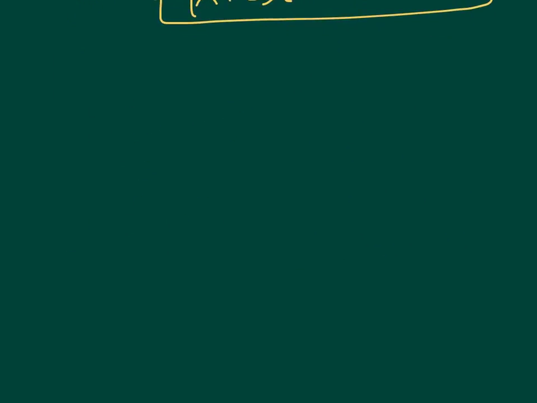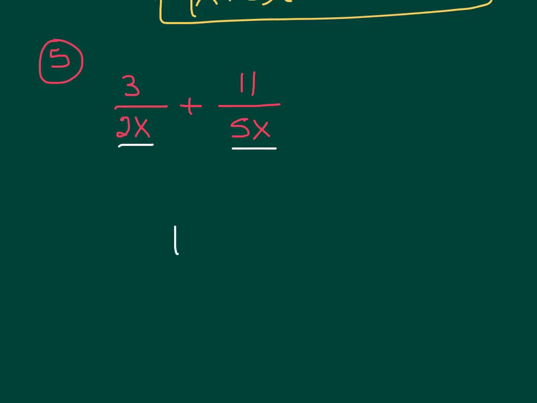Okay, number 5. We'll have to add these two expressions: 3 divided by 2x plus 11 divided by 5x. The first thing I need you to do is look at the two denominators and find the LCM or the common denominator. The common denominator is going to be 10x.